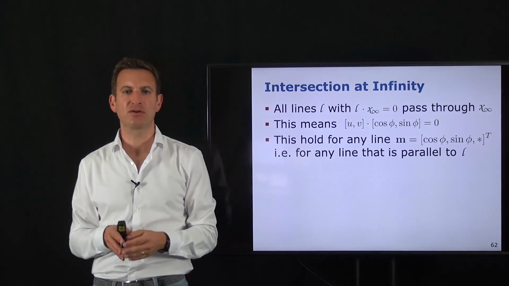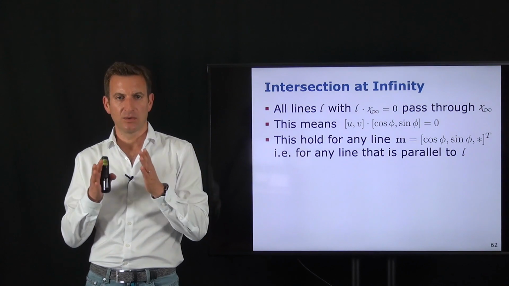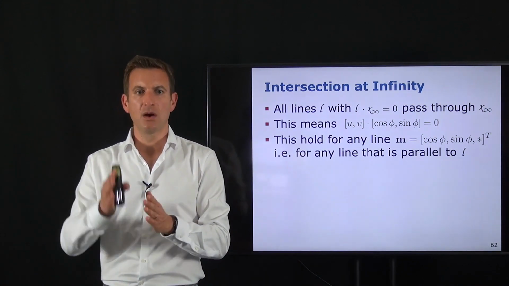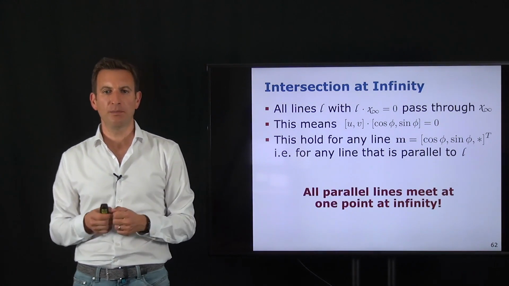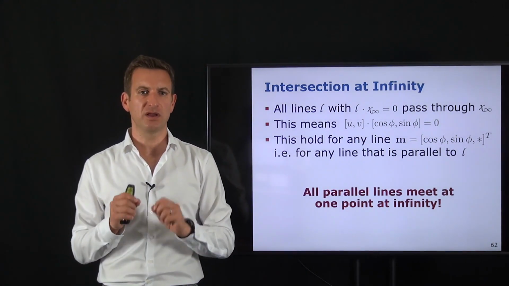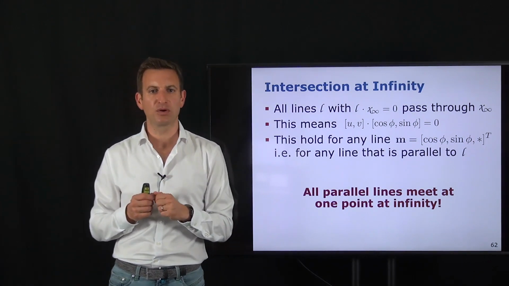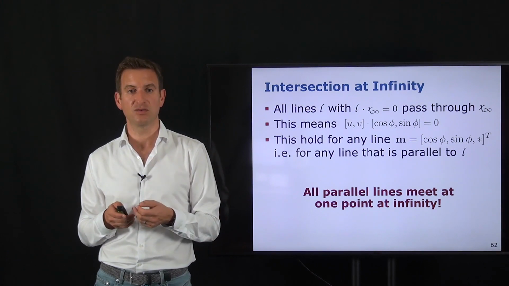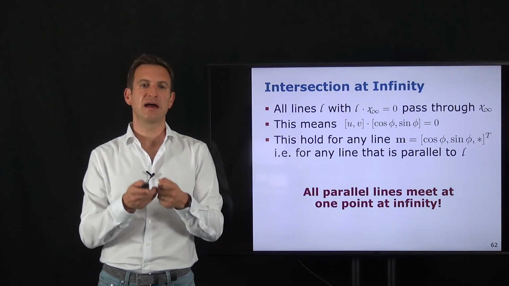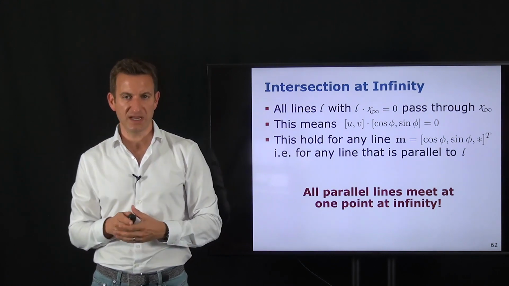So these are parallel lines. That means all lines which are parallel will intersect at the same point at infinity. All parallel lines meet at one single point at infinity. That's an important thing that we can exploit and take into account.